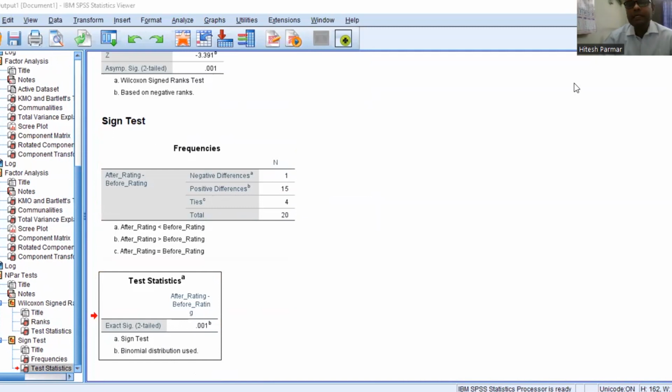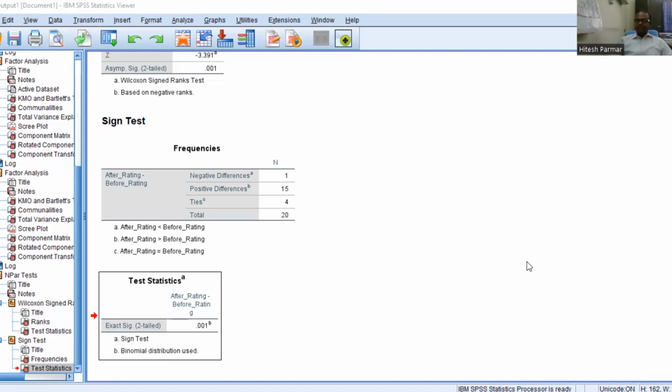When you are rejecting the null hypothesis, what is the null hypothesis? There is no significant difference in the feeling about the teeth before treatment and after treatment. Or statistically, the median difference is 0. That is the null hypothesis.